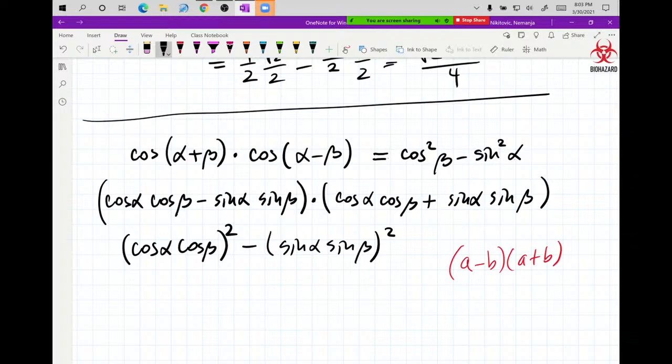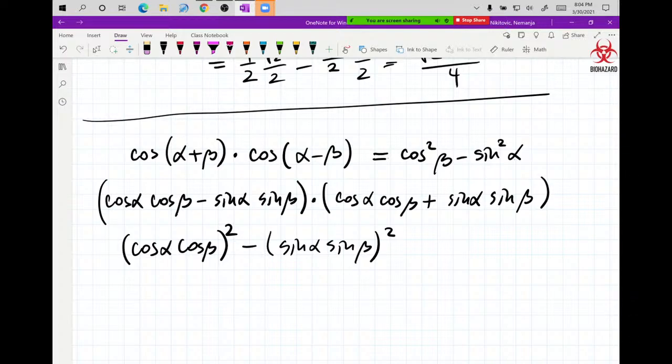So cosine alpha cosine beta minus sine alpha sine beta times cosine alpha cosine beta plus sine alpha sine beta. This and this is the same, so it gets to be plus. This and this is the same, so it's a minus. So that's the first step. And now we're supposed to see what we have for the next step.